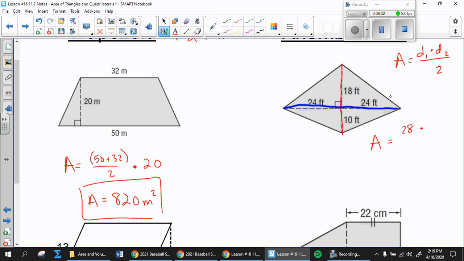So we get 24 plus 24, which is 48. And then we're going to take that answer and divide it by 2. So 28 times 48, divide that by 2. We get 672 feet squared.